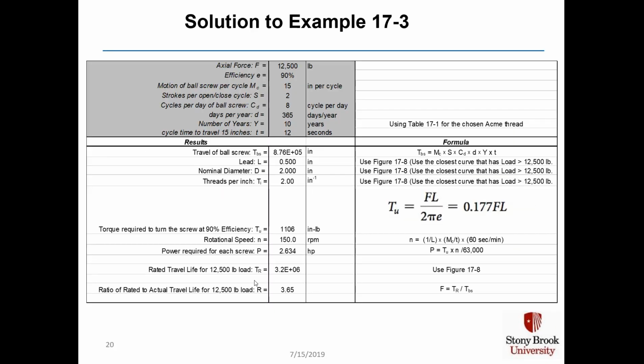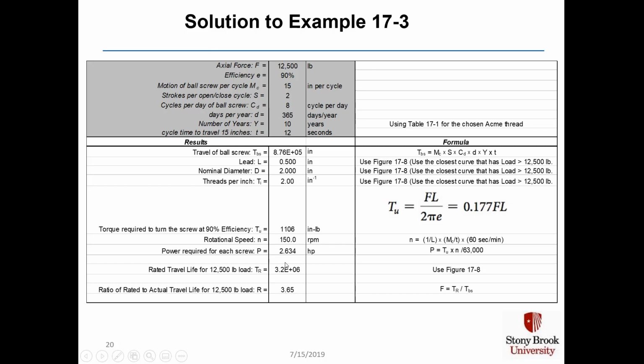What we do next is to calculate the torque required to turn the screw, and that torque at a 90% efficiency is just 0.177 times the force of 12,500 pounds times the lead L of ½ an inch. That's 1,106 inch-pounds. We calculate the rotational speed N at 150 RPM from this equation where my mouse is.